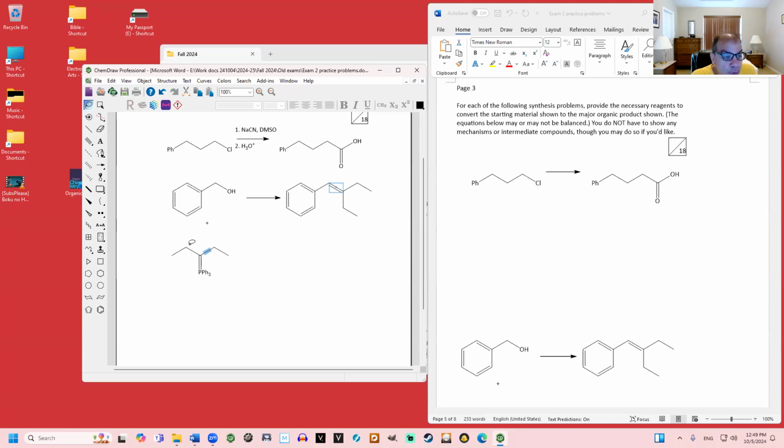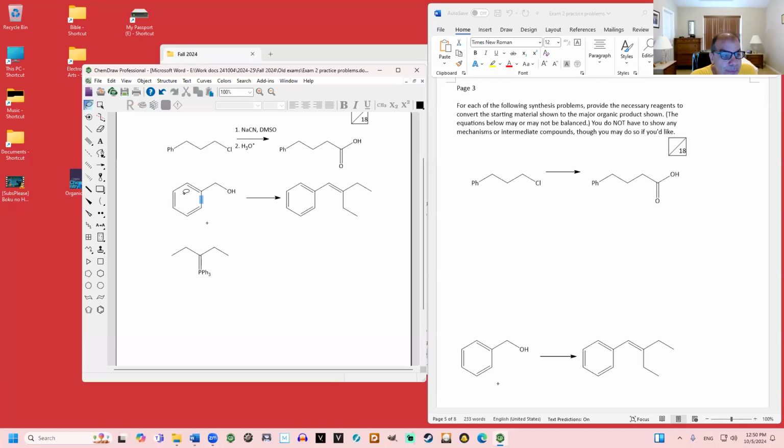You can see the 2 ethyl groups that are on the Wittig reagent are over here and over here. And so where the C double bond C is where the C double bond O was in the starting material. That's by definition of the Wittig reaction. That's what a Wittig reaction does.